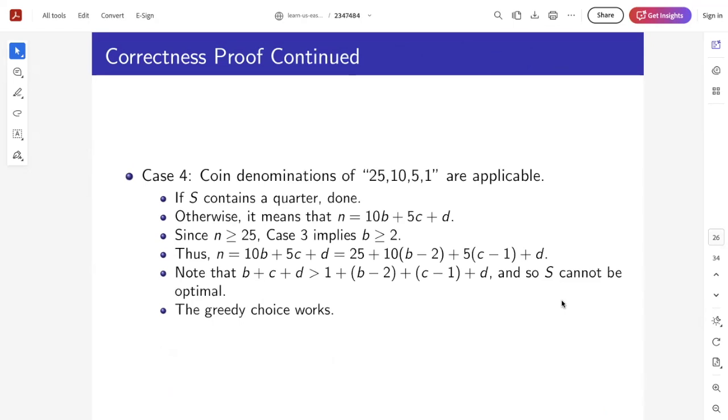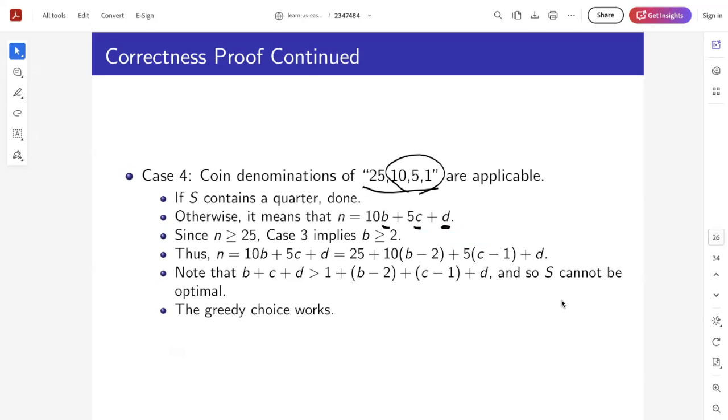Likewise for the last case, we can use these coin denominations, but we are not using quarters. So let's say, from the previous example cases, we use dimes, nickels, and cents. We assume we use B dimes, C nickels, and D cents, so that provides us an optimal solution.